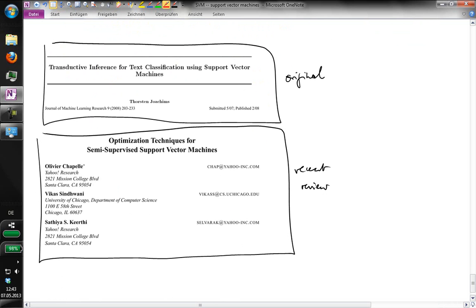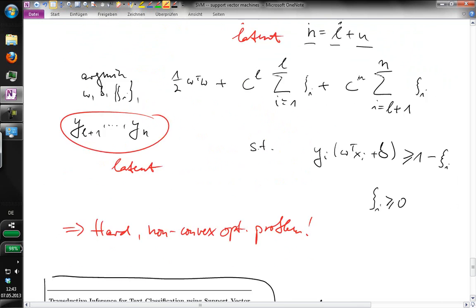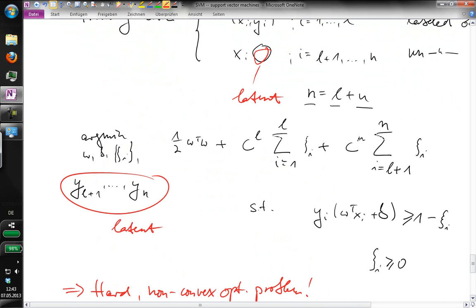There's a minor technical difference here. This review takes not the slack variables themselves, but you can raise these to some power. In this paper they use p equals 2, so they use not the hinge, but the squared hinge in their comparison.